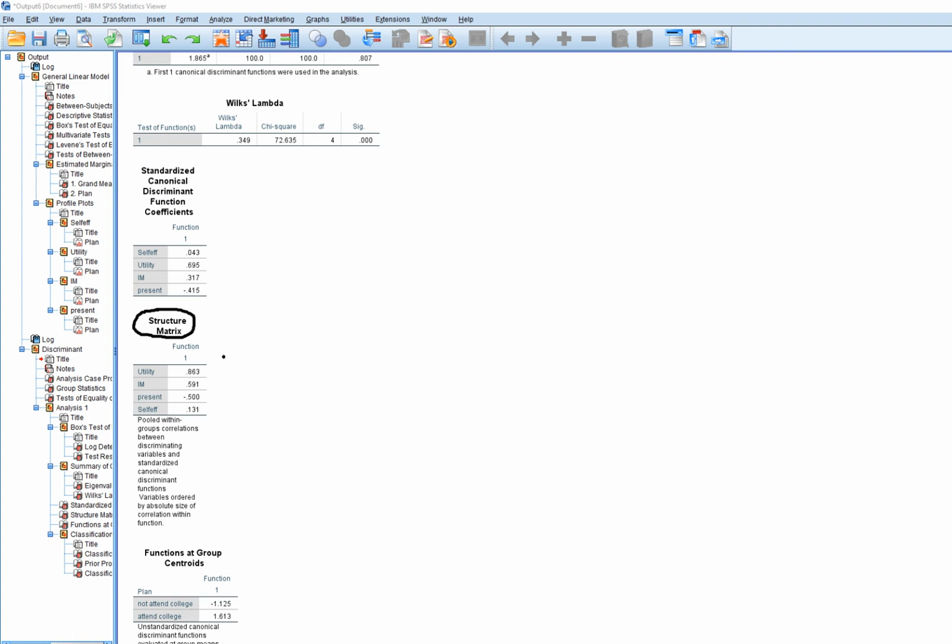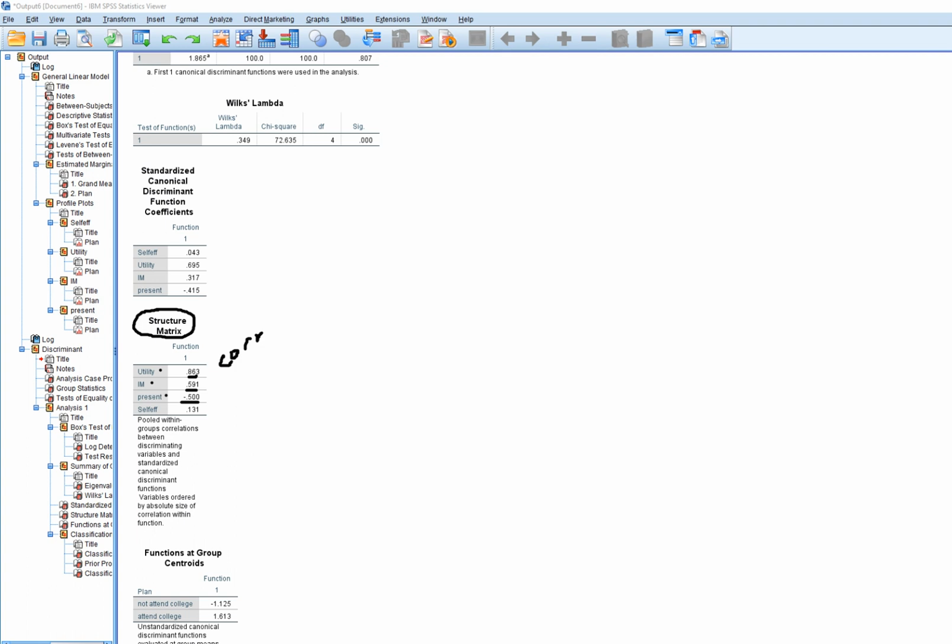And so these are just correlations, Pearson's correlations, between each of the measured variables and the discriminant function. So you can see that perceived utility is correlating 0.863, it's very high. Intrinsic motivation is correlating high. Present orientation is actually correlated negatively, fairly highly with function 1.